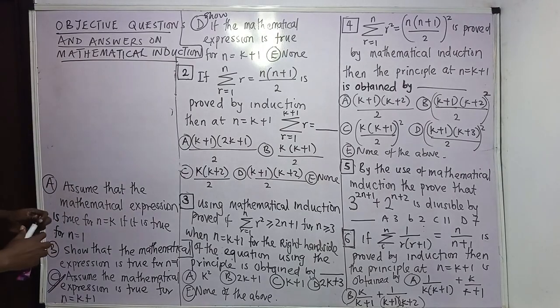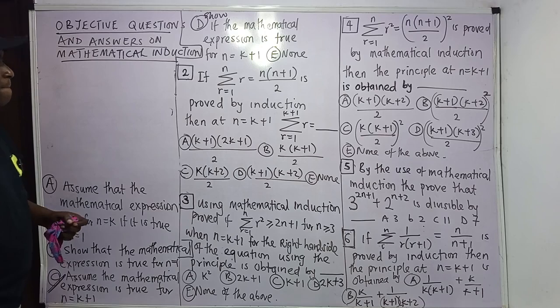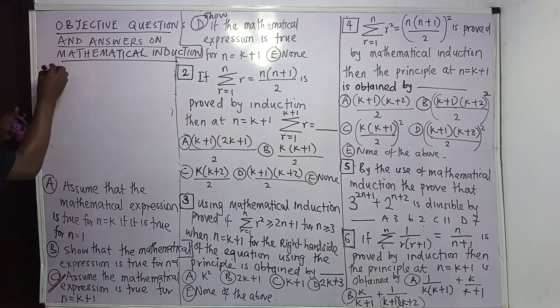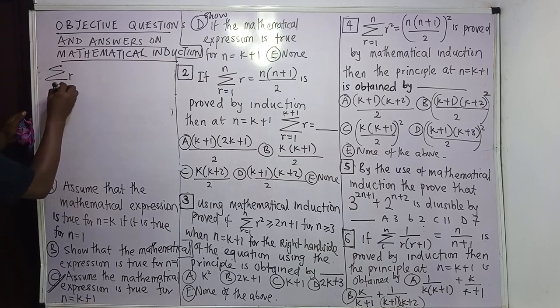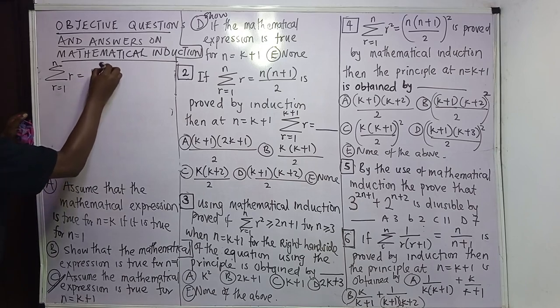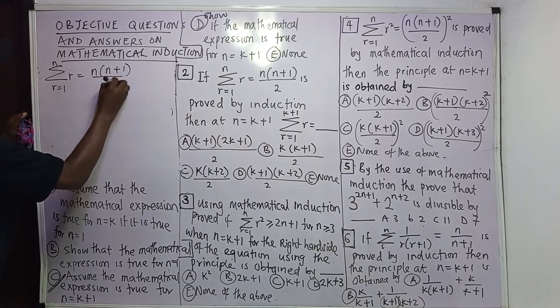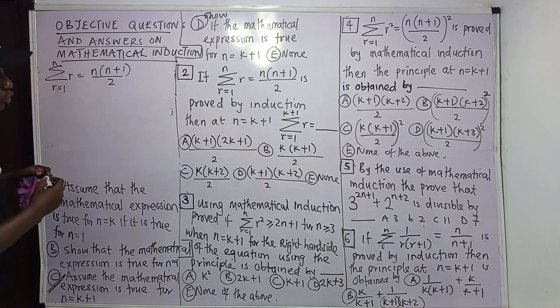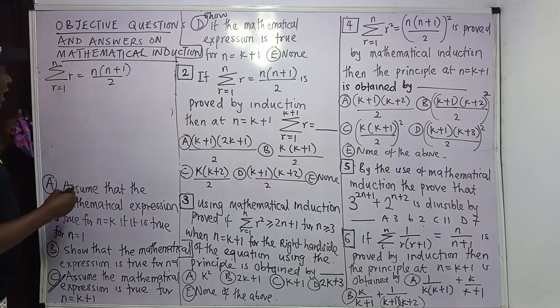Number 2 says that if the sum of r from 1 to n is equal to n into bracket n plus 1 over 2 is proved by mathematical induction, then the expression at n equal to k plus 1 is dash.